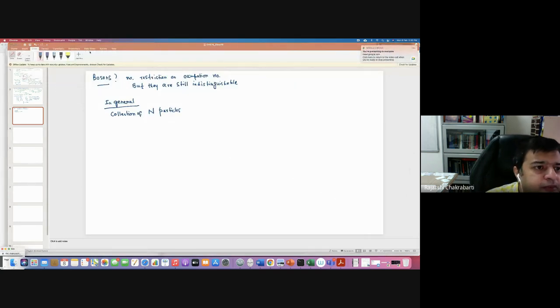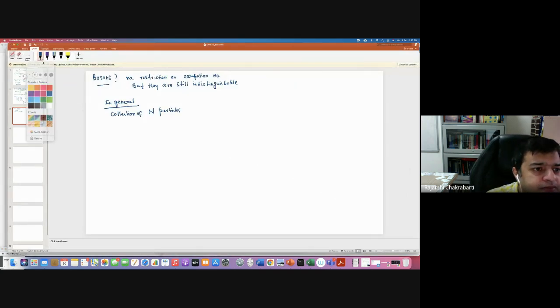Now, let me use another color. The energy of a state, capital E, how do you describe this? I can have a configuration like this, say epsilon 2, and the rest epsilon 10.